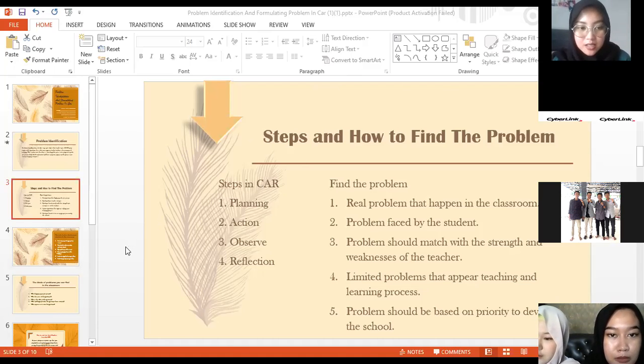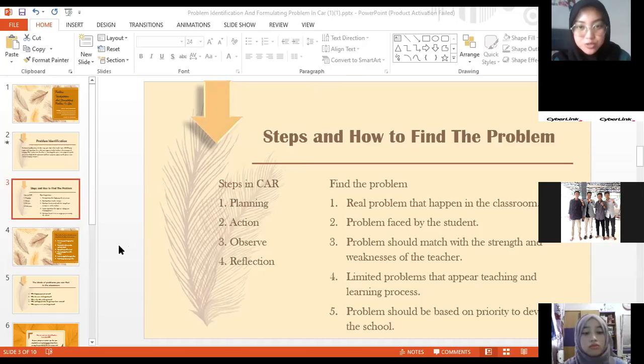And the last, the problem should be based on priority to develop the school. It means the most important one to consider in making classroom action research when identifying the problem. The problem here should be based on priority to develop the school.